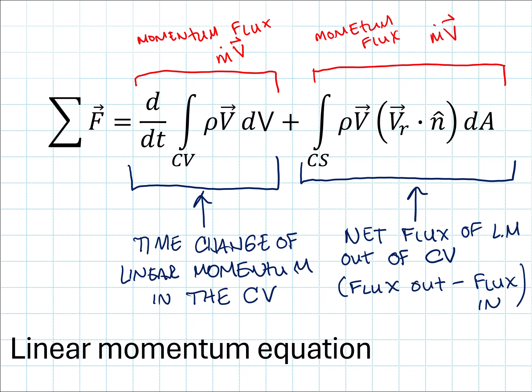Now, here's the big difference: the sum of these two terms is the sum of external forces. So on my left-hand side over here, I've got my sum of external forces.